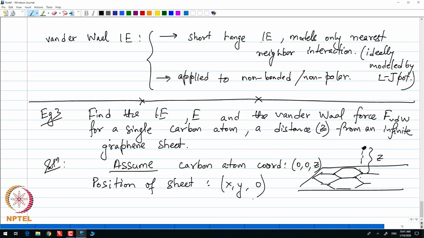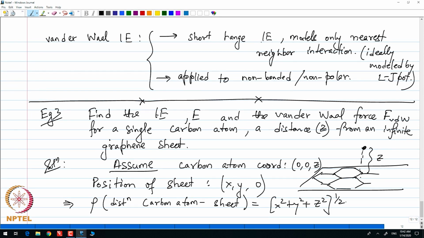Which means rho, which is the distance between the carbon atom and the graphene sheet, is given by square root of x square plus y square plus z square. Okay. So, that is my rho.